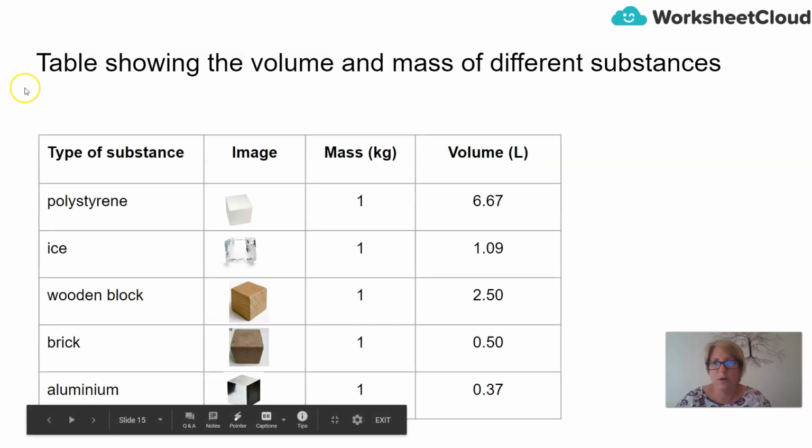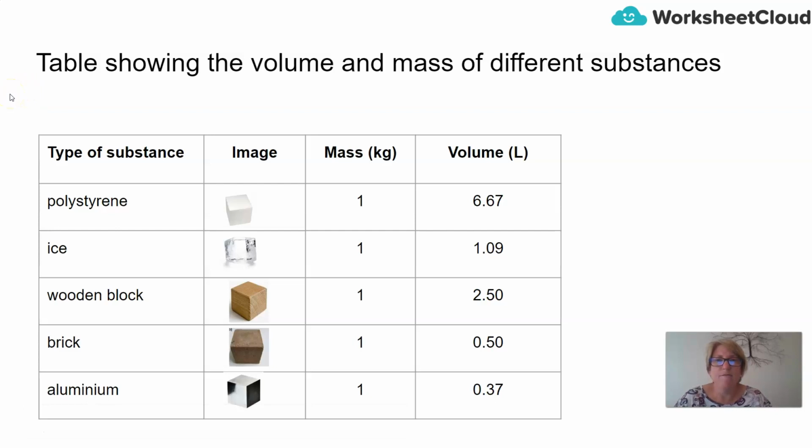And here we have our set of results. So here we have a table where we've kept the mass of each of the substances the same, and we have recorded the volumes. So we've measured the length, the breadth, and the height, and these are the volumes that we've got.